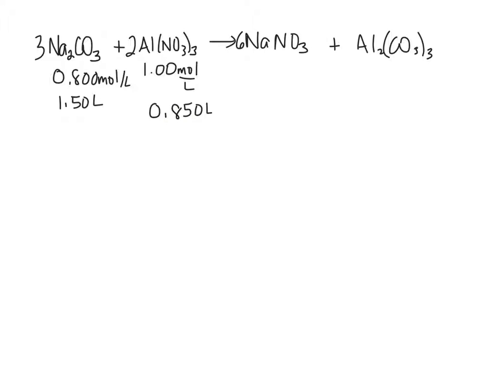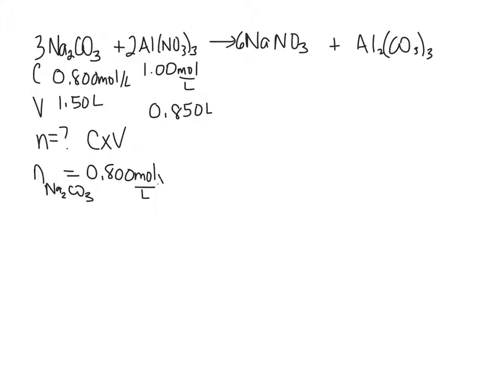So this is just one of the ways to show how to do it using formulas. We've got C, we've got V, you can find moles. It's equal to concentration times the volume. So the moles of sodium carbonate is equal to 0.8 times 1.5 liters.